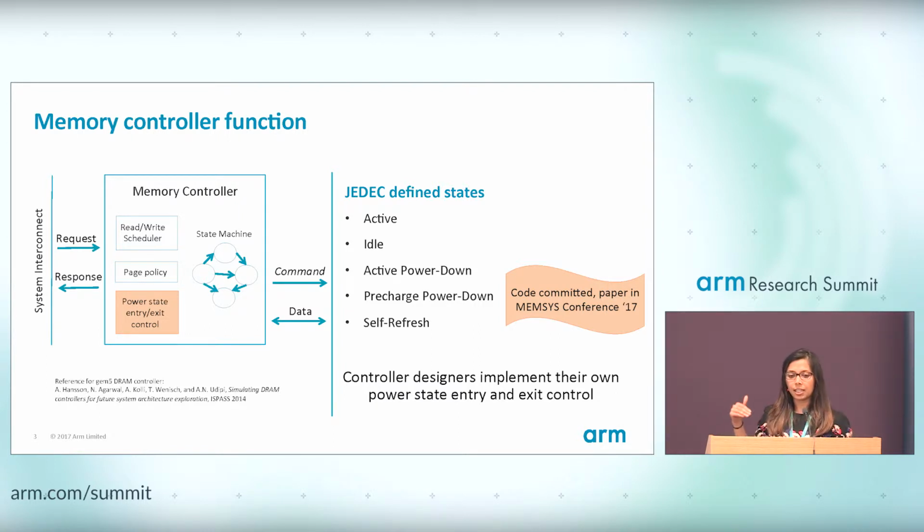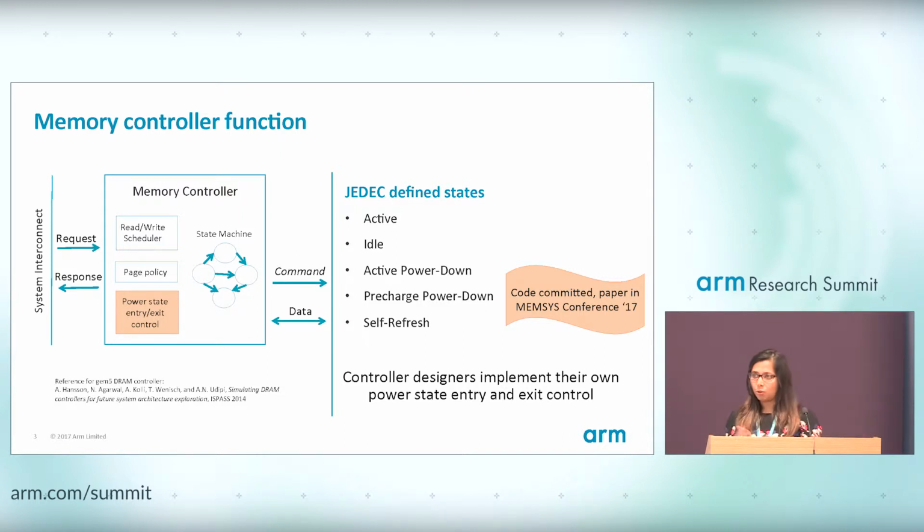The following two states are the lower power or power down states. Active power down corresponds to at least one bank open, and pre-charge power down is all the banks closed. But remember that the currents consumed by these two are lower than the active and idle states, so they help us achieve energy efficiency in the memory subsystem.